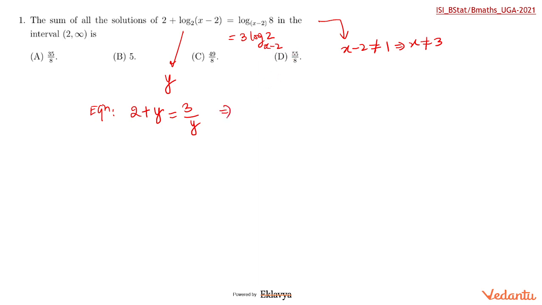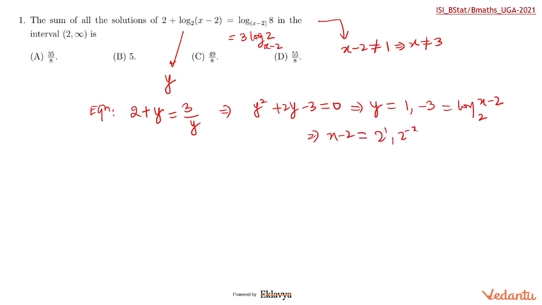From here we can solve this quadratic, and the roots are obviously 1 and minus 3. So log of x minus 2 to the base 2 is 1 or minus 3, so x minus 2 is 2 raised to the power 1 and 2 raised to the power minus 3, that is 2 and 1 by 8.